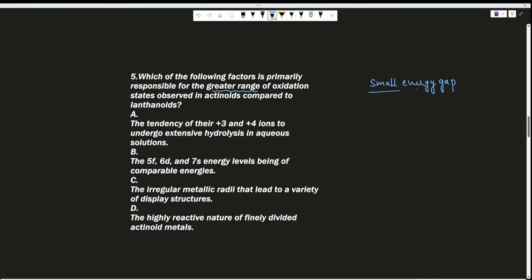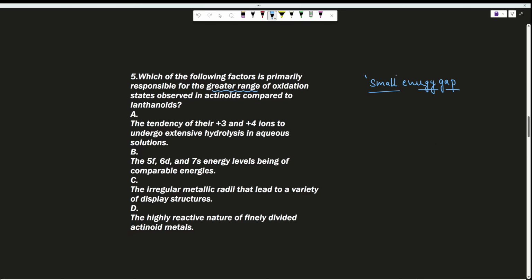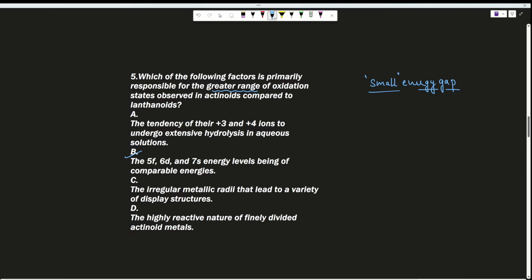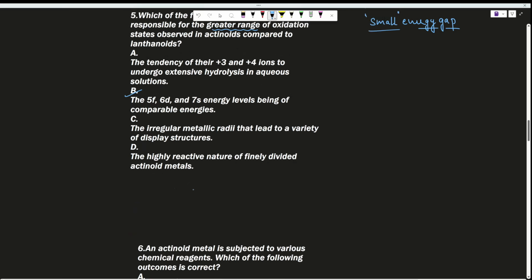Similarly here, the energy gap between 5f, 6d and 7s is small, so they have comparable energies. It is easy to remove electrons from all of these, and hence they have variable oxidation states. So this is the answer: the 5f, 6d and 7s energy levels being of comparable energies, nearly the same.